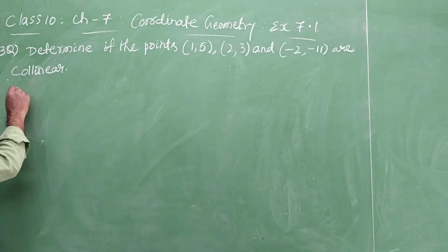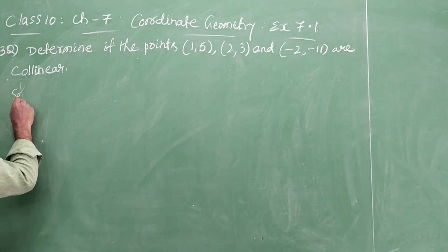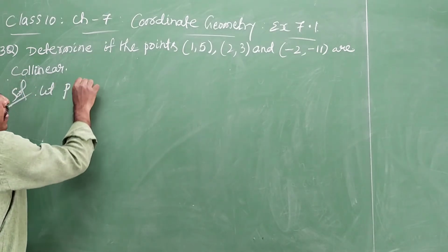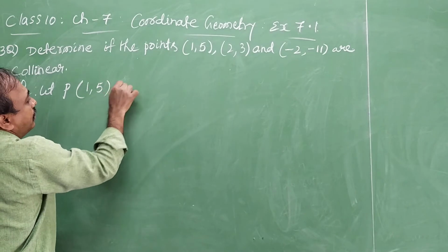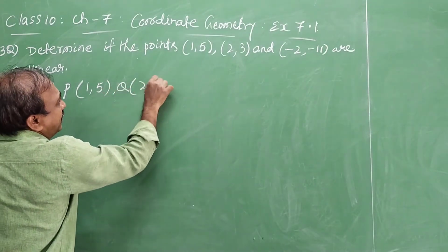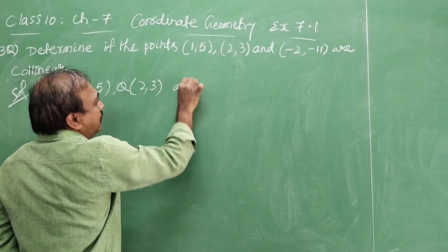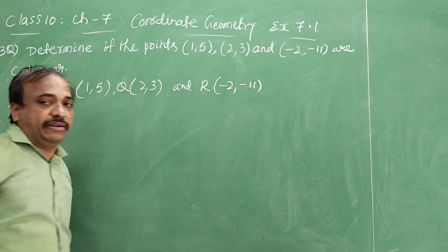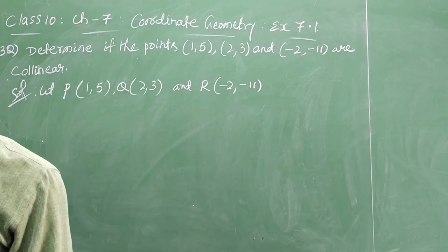Look at this. Let P (1, 5), Q (2, 3) and R (-2, -11). These are the 3 coordinates.